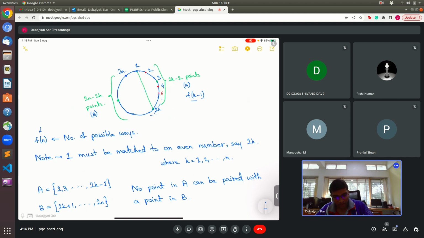Similarly, in set B there are 2n minus 2k points. So the number of ways of matching them will be f of n minus k. That is the way we have defined the function f, right?